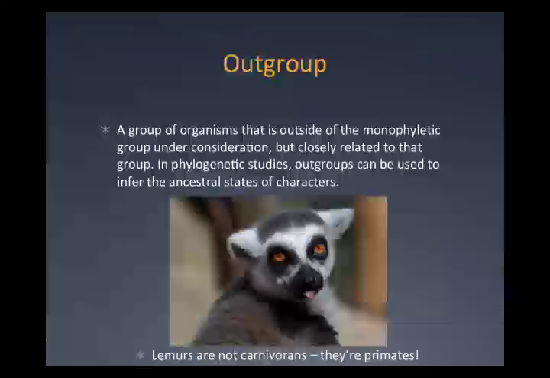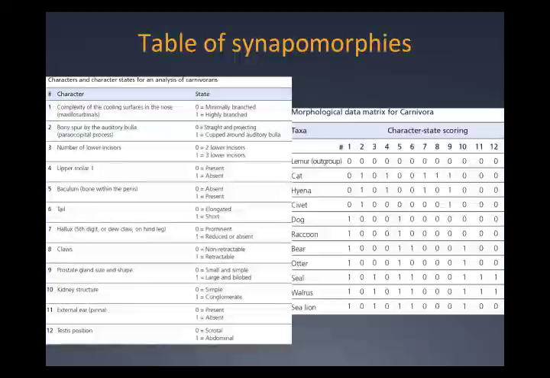Lemurs are a suitable outgroup in this example because they're closely related to carnivorans, so they are both clades within mammals, but they're primates. That's why there are zeros across the top of the matrix that correspond to lemurs, because they're our outgroup.